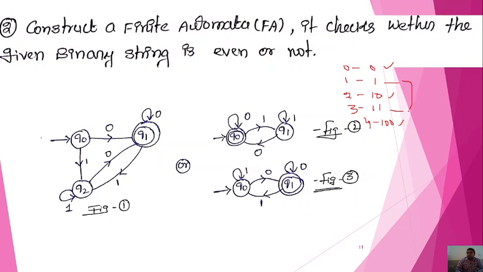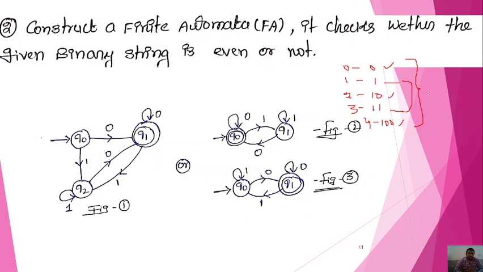From these two, we observe odd numbers always end with 1, and from these three, we observe even numbers always end with 0. So that is the simple logic to design the DFA, or finite automata, for checking whether the given binary string is even or odd.